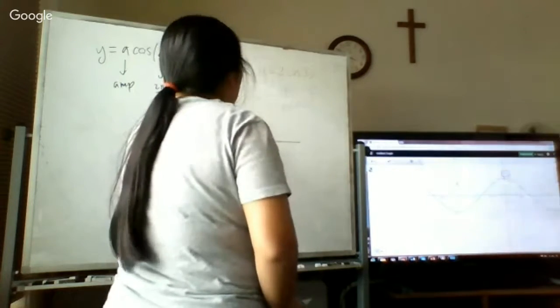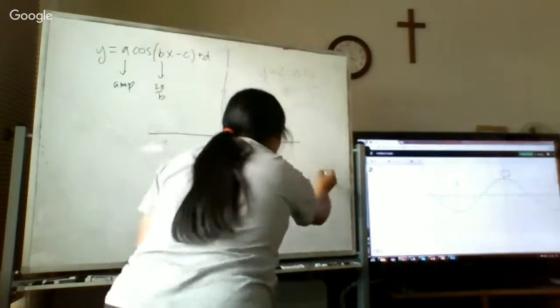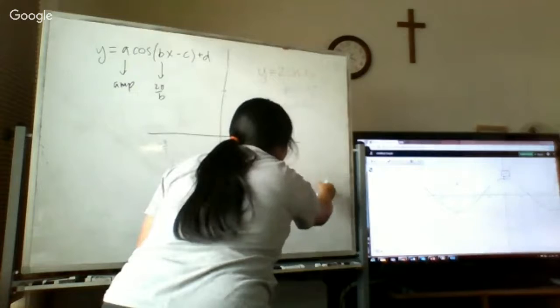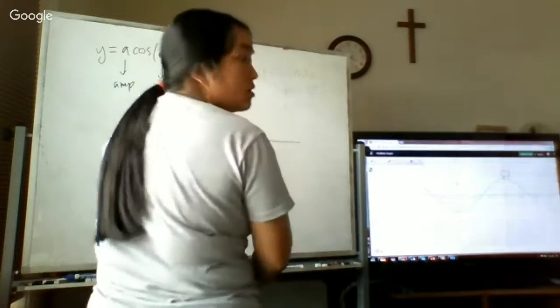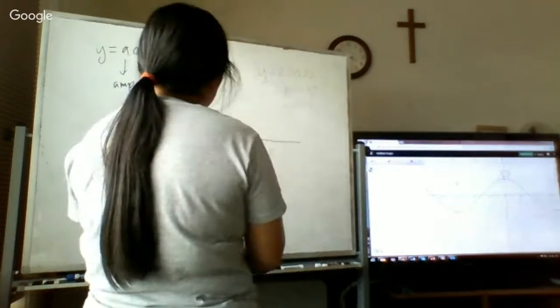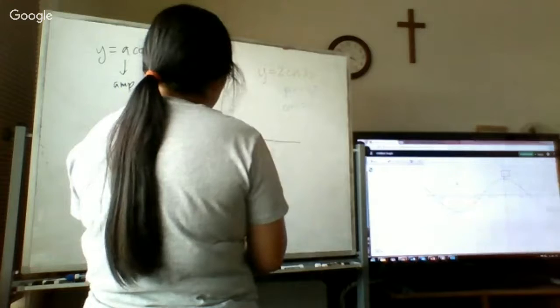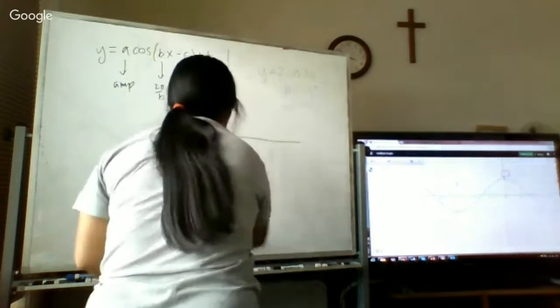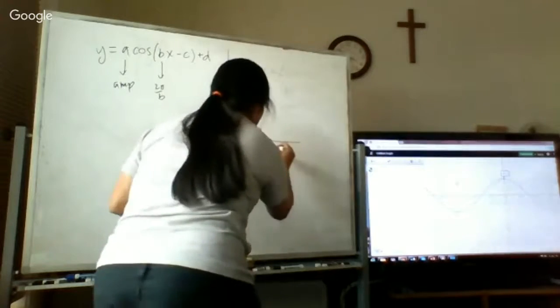And so this is going to be your amplitude, because you go up to your amplitude. But then if the amplitude is 2, then it starts from 1, right? So it adds 2 to 1. No, we're still going to be counting from the x-axis.